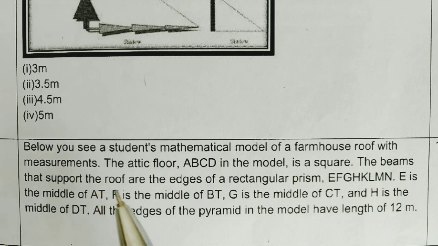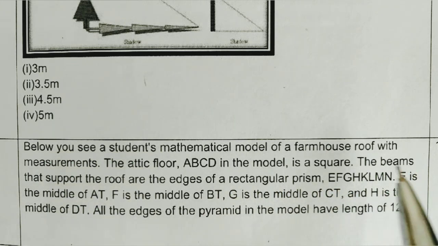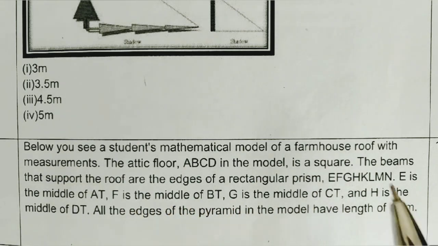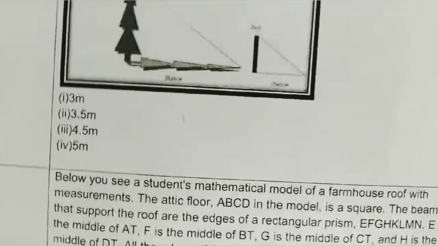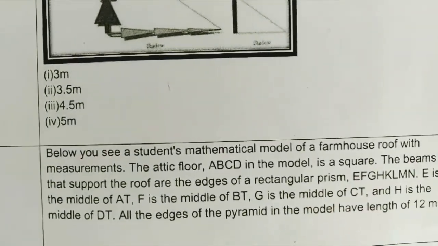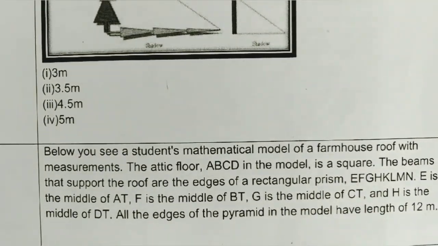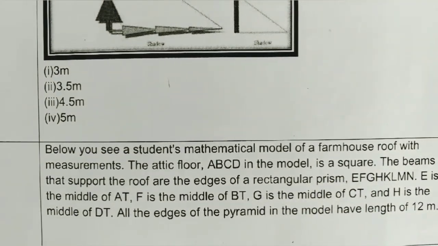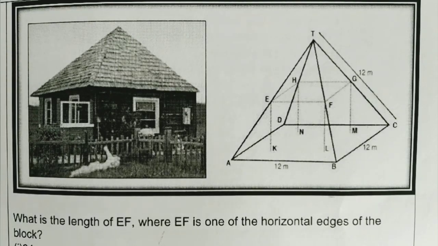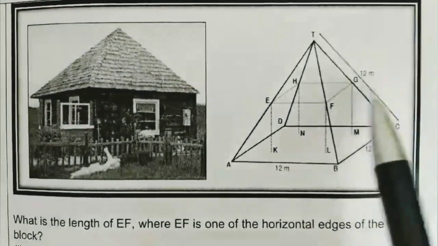The beams that support the roof are the edges of a rectangular prism. This is the complete rectangular prism setup. E is the middle of AT, then the middle points are given. Images on the next page we would just see. All the edges of the pyramid in the model have length 12 meters. Let's see what the model is and what we are actually asked to find out. Observe ABCD.